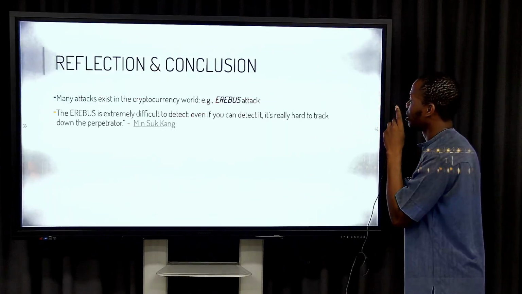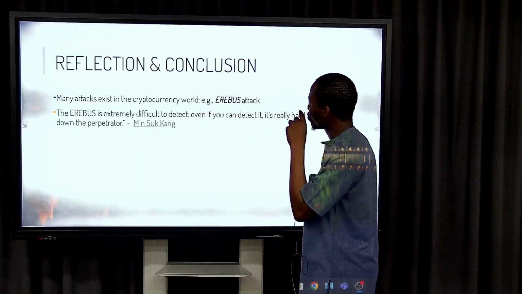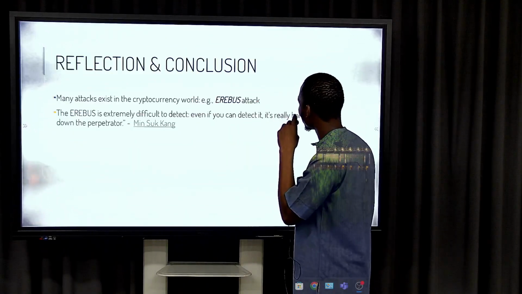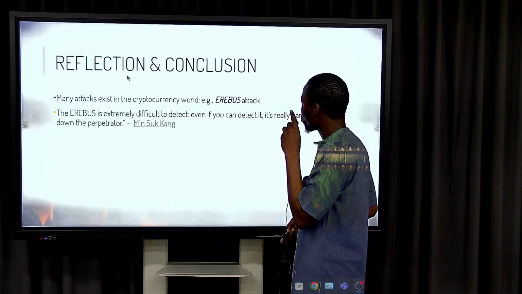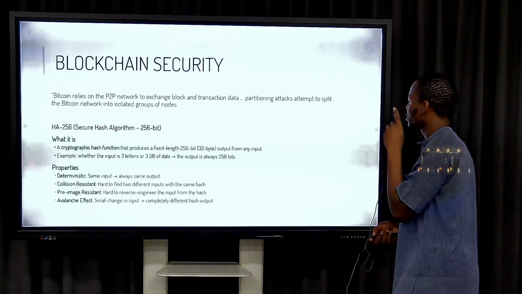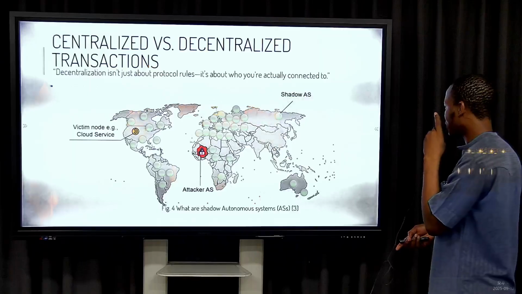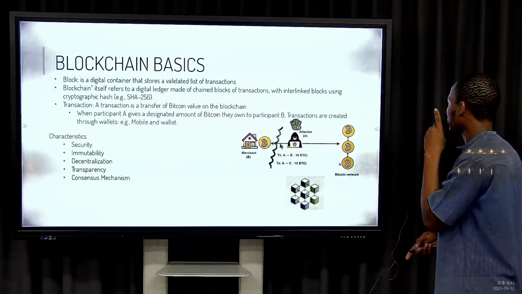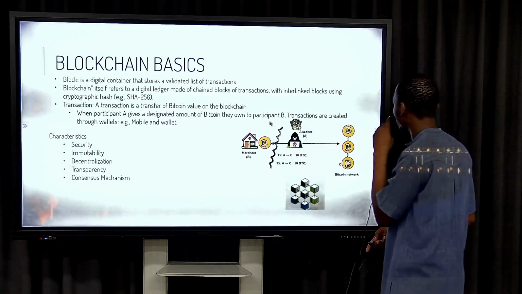So having said this, let's reflect on what we have said so far. Many attacks exist in the cryptocurrency world, e.g., the Erebus attack. If you look at the previous slide I shared, a victim is sending multiple transactions, diverting the traffic from the merchants to the network.